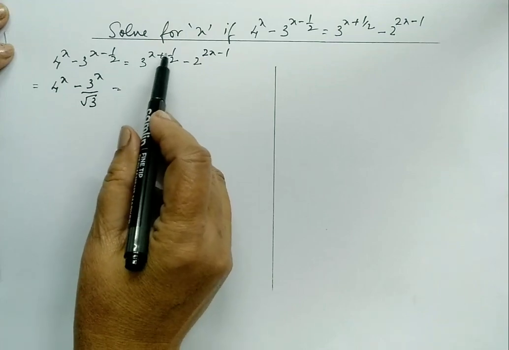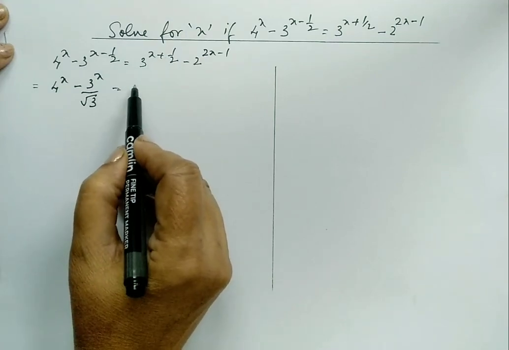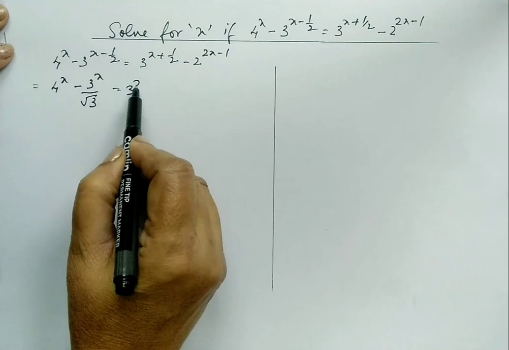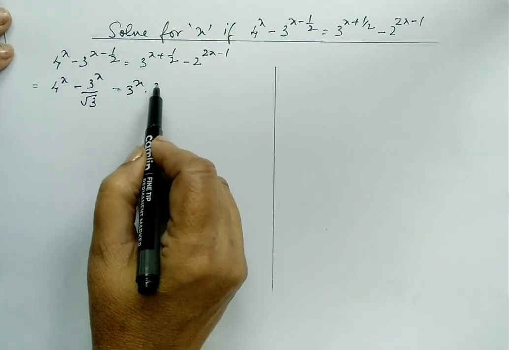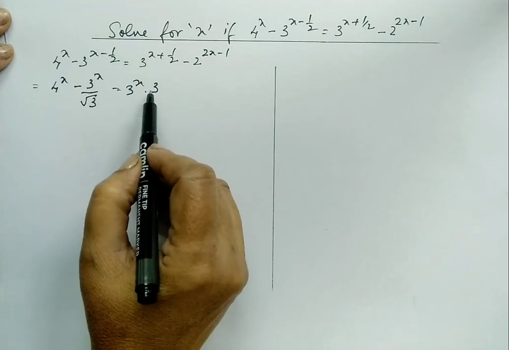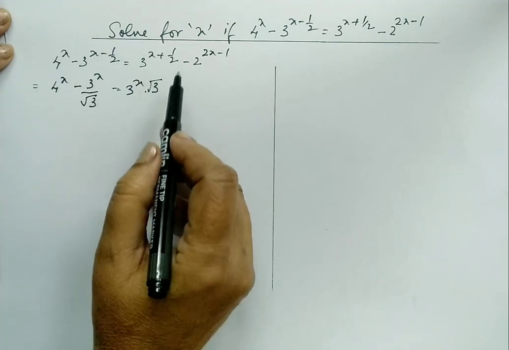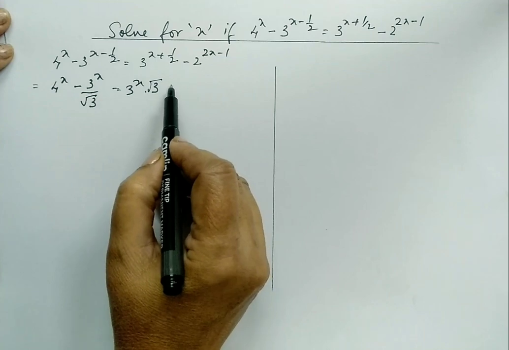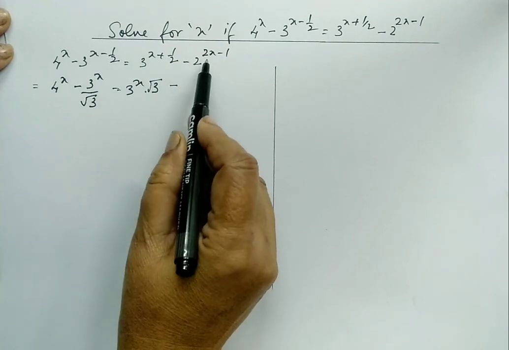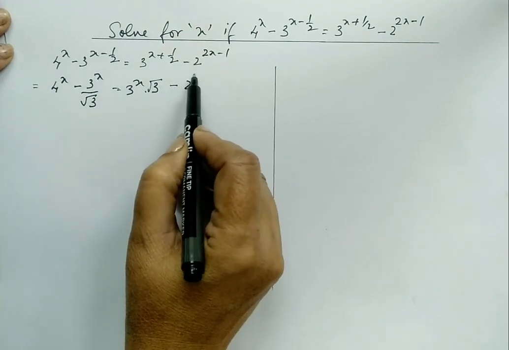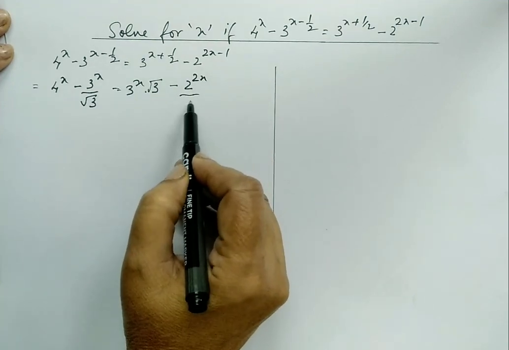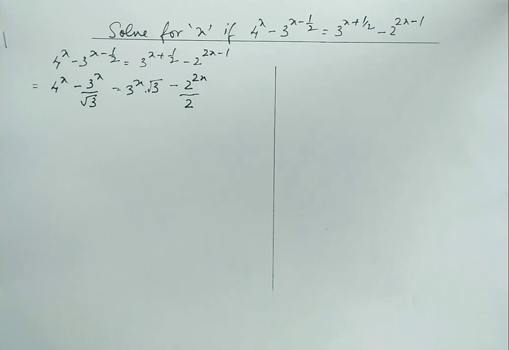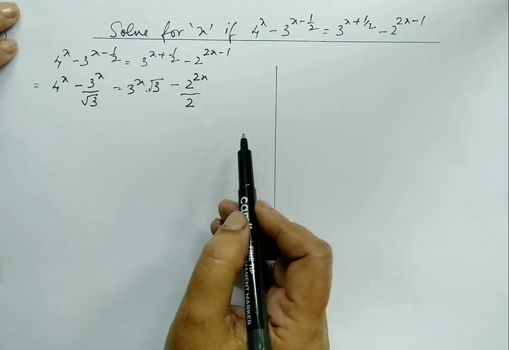In this case, we have a positive half. For this, 3 has a power of x. So 3 will be here, but it will have a square root for half, positive half. In this, we have 2 having a power of 2x as well as minus 1, which means 2 is 1 sitting down as well.